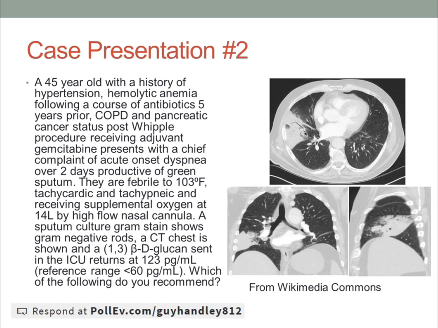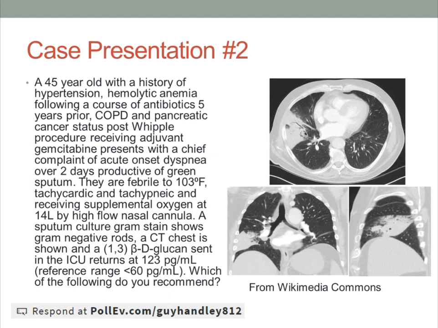All right, second case. So this is a 45-year-old with a history of hypertension, hemolytic anemia following a course of antibiotics 5 years ago, COPD. He has pancreatic cancer, had a Whipple procedure, is receiving adjuvant gemcitabine, coming in with a chief complaint of dyspnea for 2 days, productive green sputum.